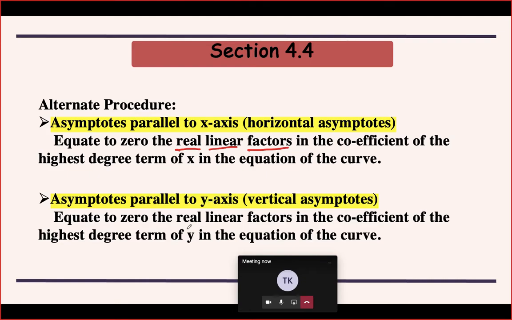So you look for the highest degree term of y, take its coefficient. If the coefficient has factors that are again linear and real, equate them to 0 and get the equation of the asymptotes, which are vertical. So these two things you have to keep in mind. Firstly, the coefficient should have factors that are linear, and secondly, they should be real. So no imaginary factors are to be taken.